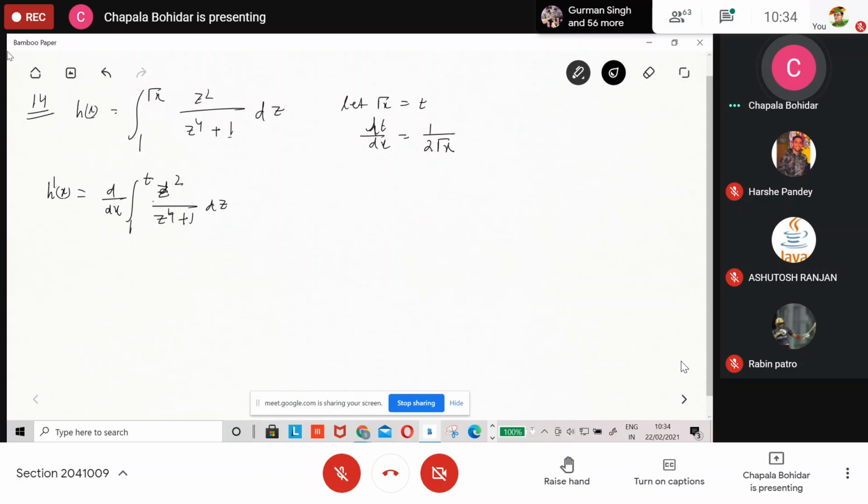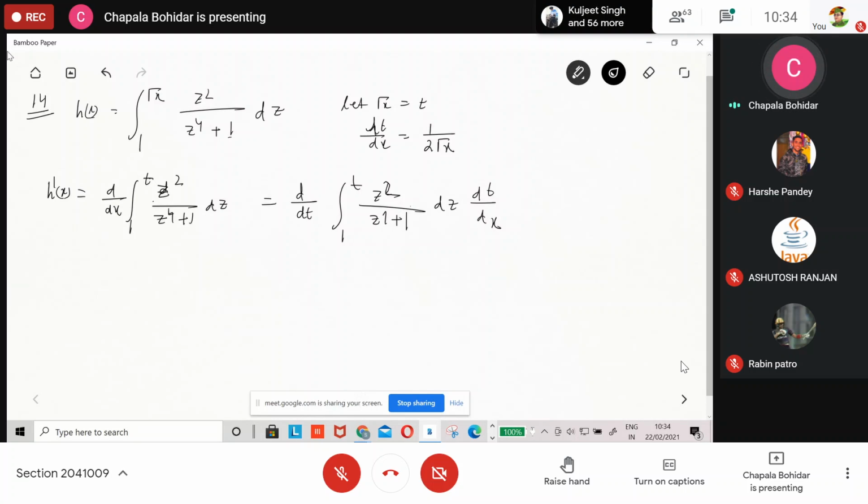By using our chain rule, we write d by dt of the integral from 1 to t of z square by z to the power 4 plus 1 dz, then multiplied by dt by dx. So we get our dt by dx value.